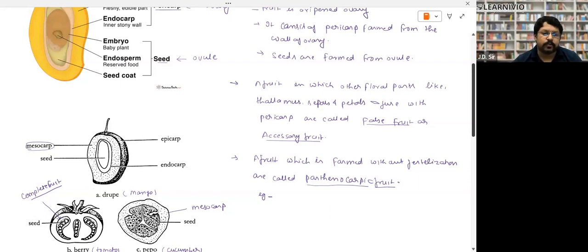So build concept this way. It's a broad division between them. Normally it happens 99.999%, right? Example, seedless fruit, banana, apple, they all are false. Note it down.